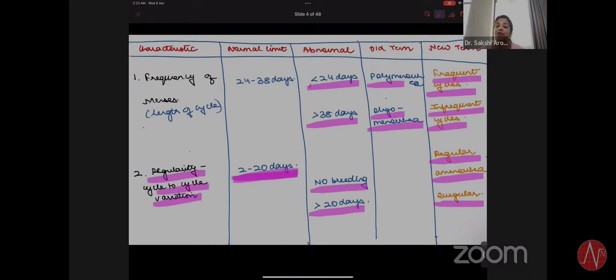If the variation is more than 20 days, then only say that your cycles are irregular. Are you understanding this? Yes. So normal length of the cycle is between 24 to 38 days, and regular का मतलब है कि variation is 2 to 20 days.